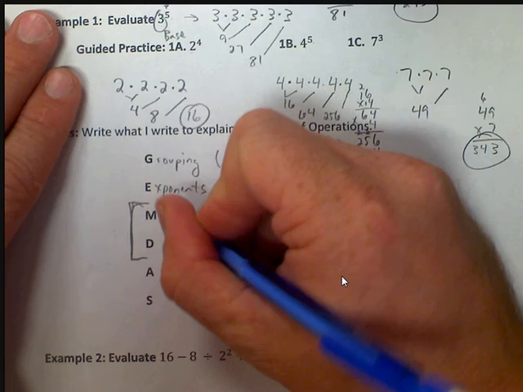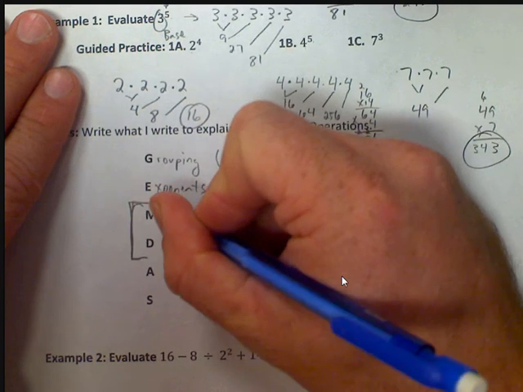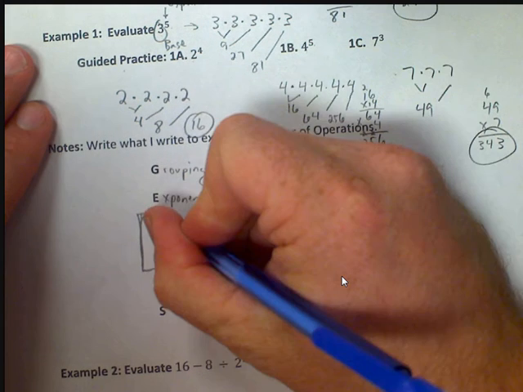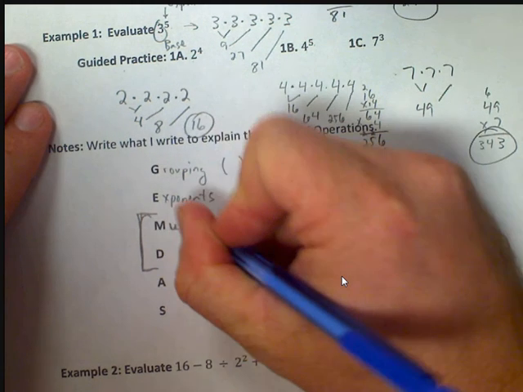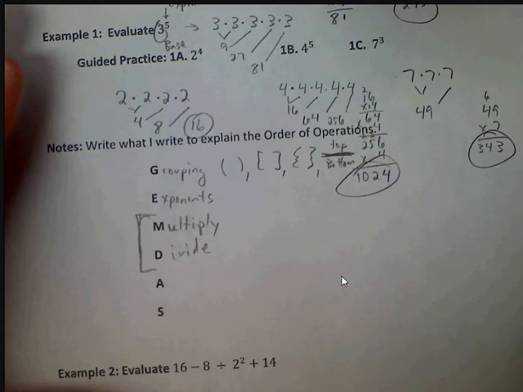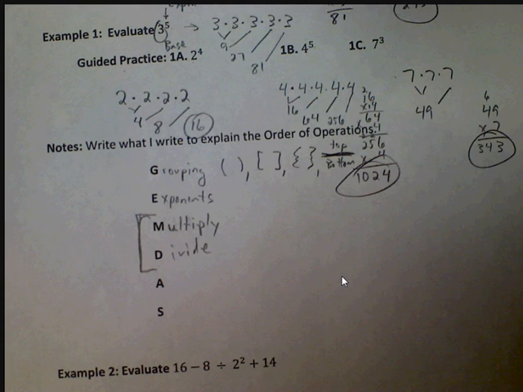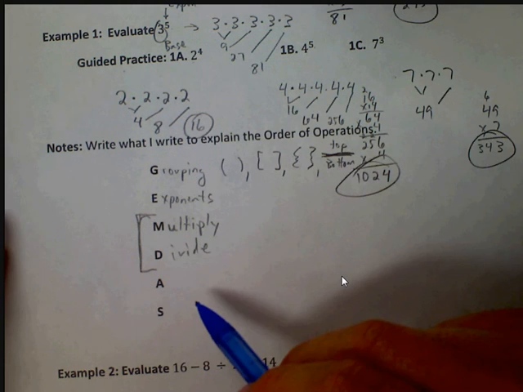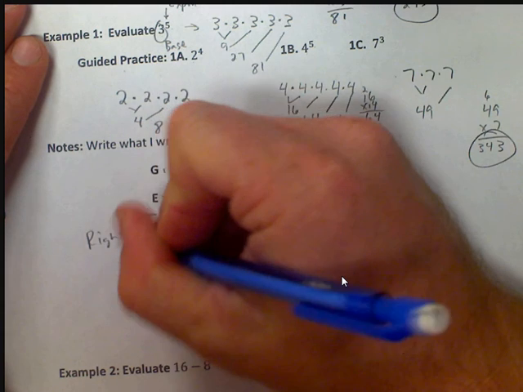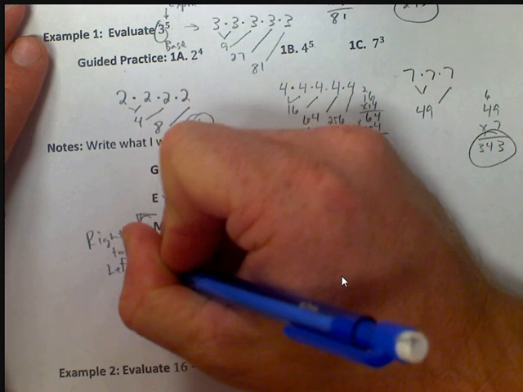M stands for multiply and divide. Some of us get tricked on this because they're on the same level, and we must go from left to right.